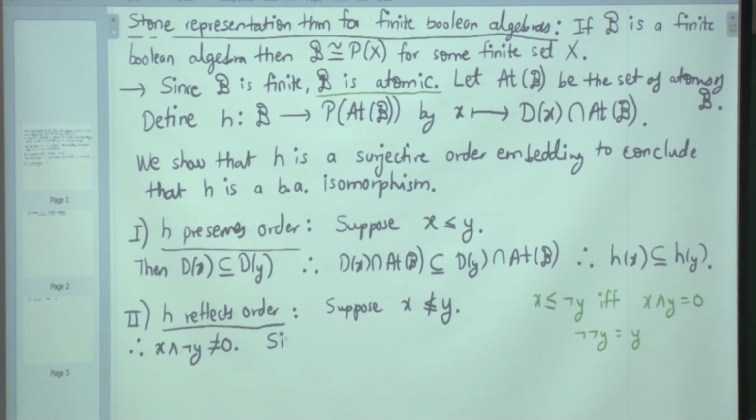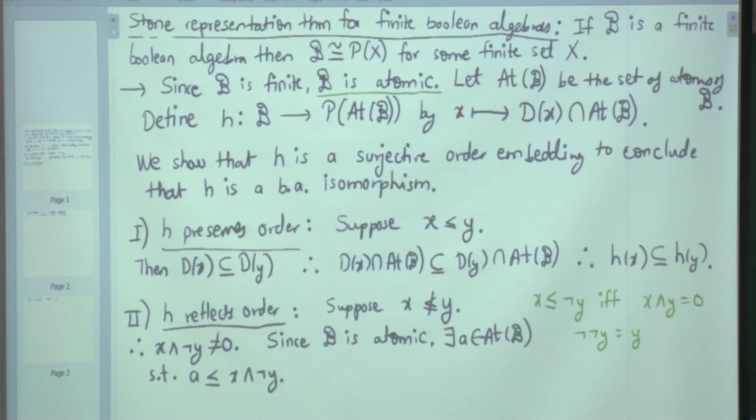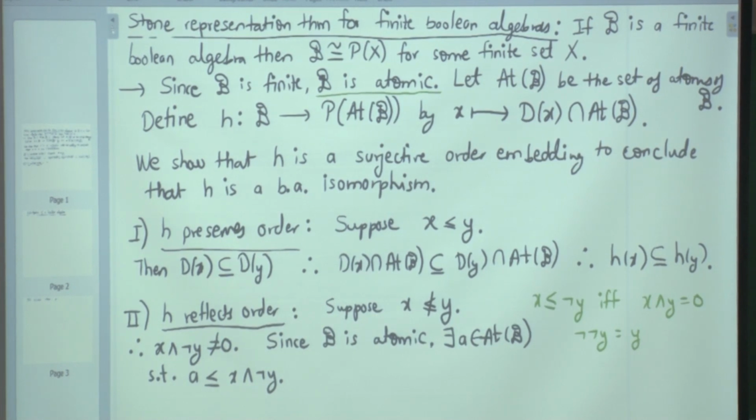So since B is atomic, there exists A in the set of atoms such that A is less equal X meet negation Y. Yes, because it's non-zero, some atom must exist below it. What do we know? If A is less equal meet of two elements, then A is less equal both of them. So A is less equal X and A is less equal negation Y.